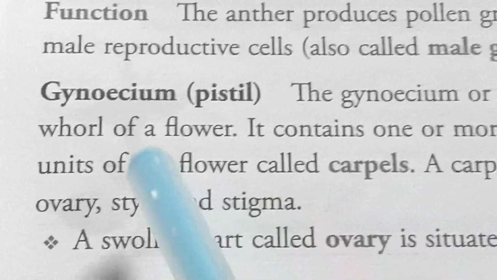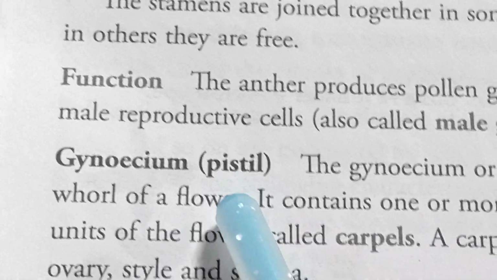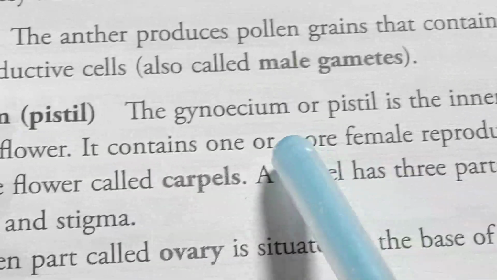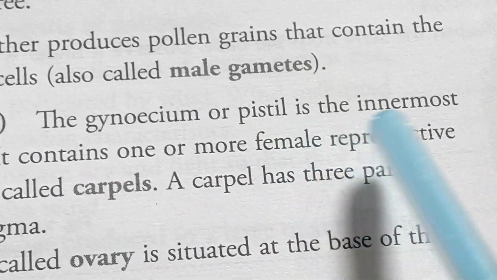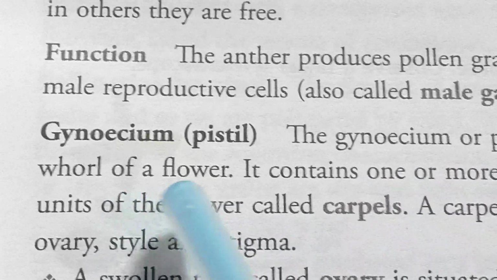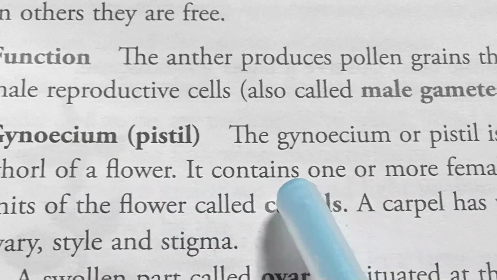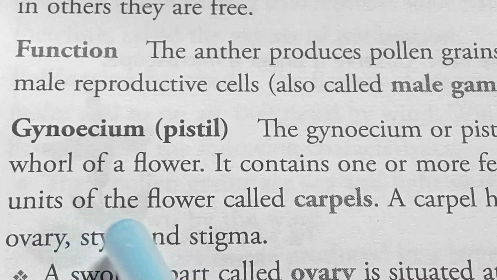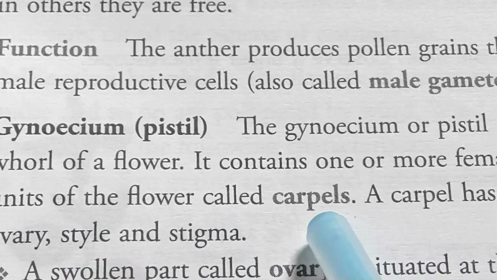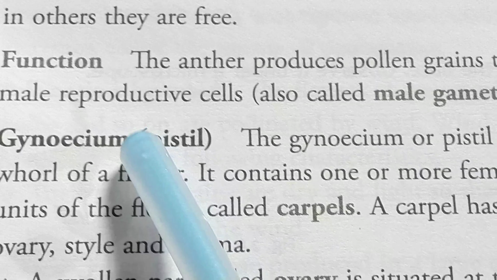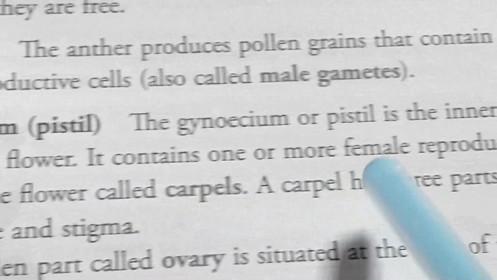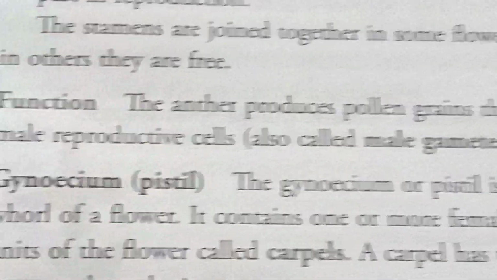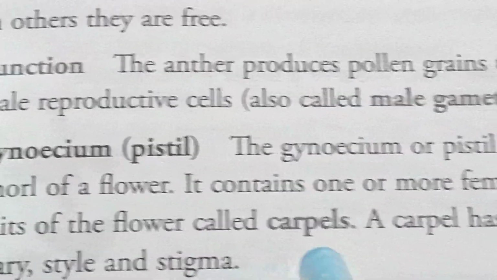Next, gynoecium or pistil. So gynoecium is also known as pistil. The gynoecium or pistil is the innermost whorl of the flower. It contains one or more female reproductive units of the flower called carpels. So the gynoecium contains one or more female reproductive units, which are called carpels.